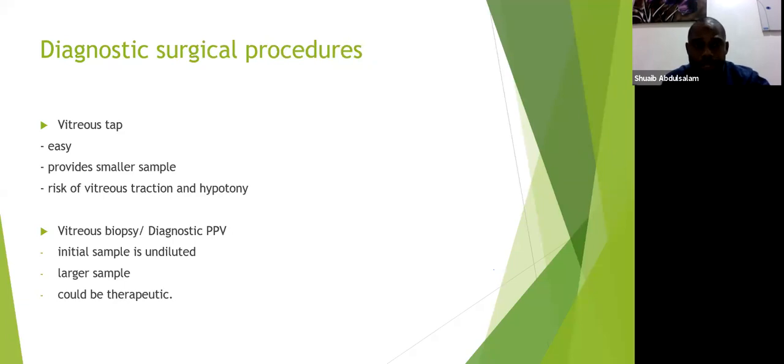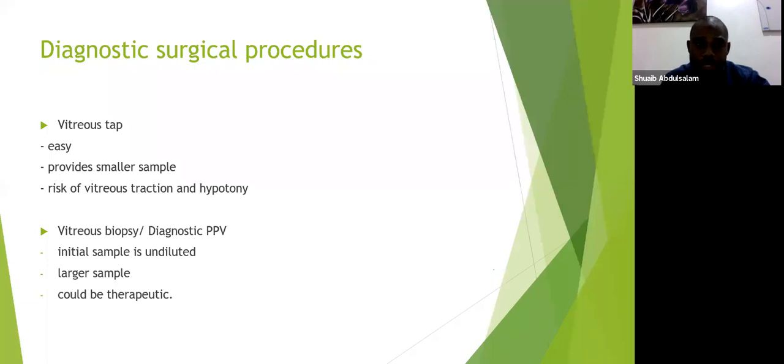Of course, the first one I'll talk about will be the vitreous tap. Professor Onokwe spoke about the anterior chamber tap earlier, so now it's the vitreous tap. We're all familiar with this because usually when patients have post-operative endophthalmitis, that's what we do. We do a vitreous tap using a needle and syringe.